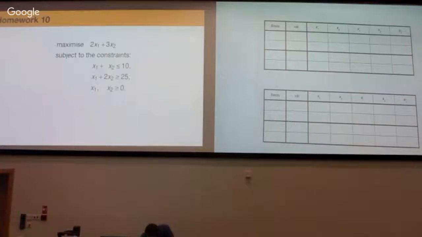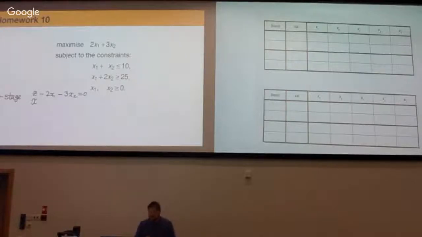Okay, so the preparation for the two-stage, it's called the two-stage simplex procedure, right? And what we want to do is, well, the first constraint, okay, z minus 2x1 minus 3x2 equals 0.